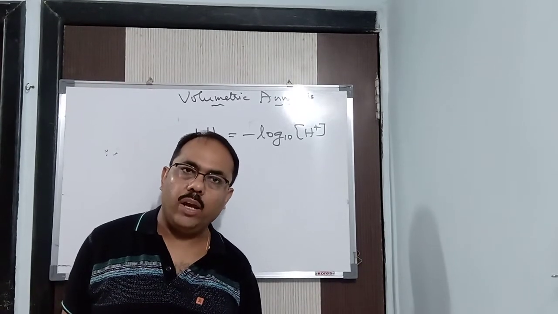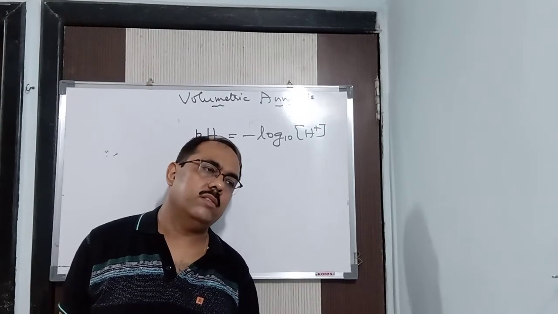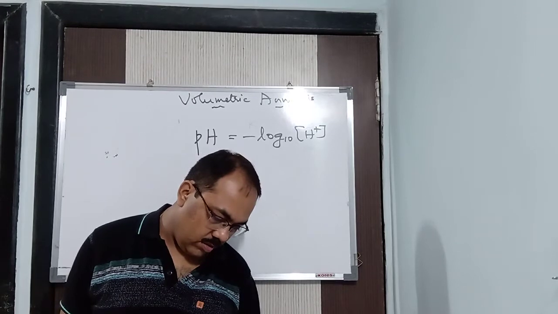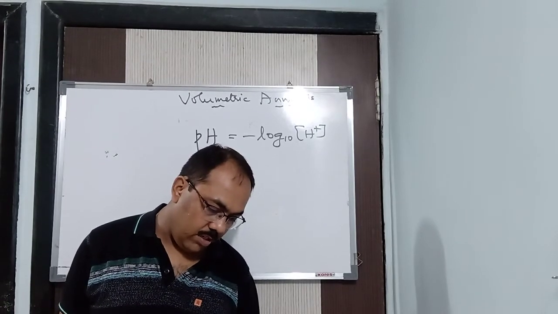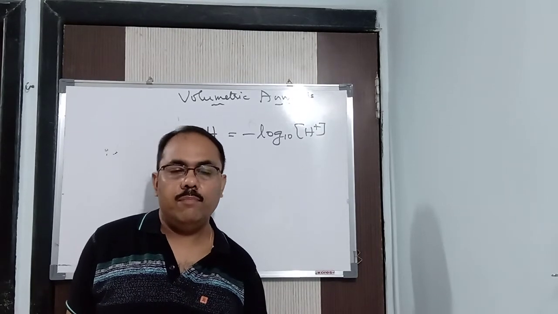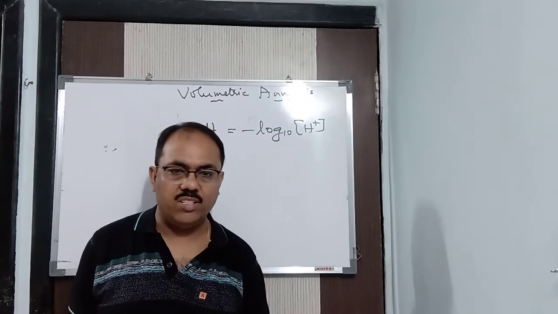Hence, methyl orange, phenolphthalein or methyl red can be used as indicator. This is the first category.